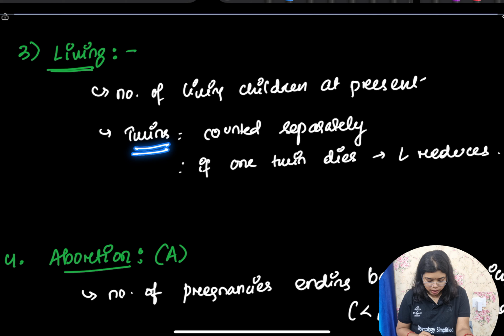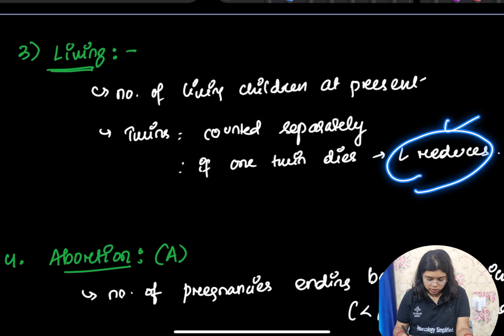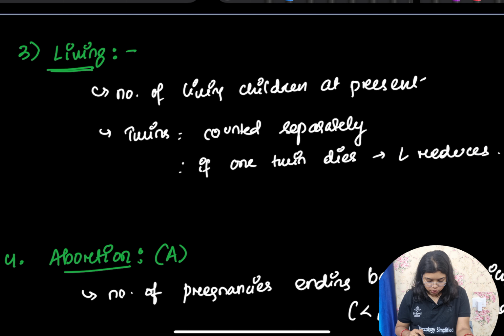Then twins, in twins we are counting separately. I've told you in the previous example that we are counting twins separately, and if one twin dies, then L reduces. If the patient has delivered twins, that is para 1 and L2.